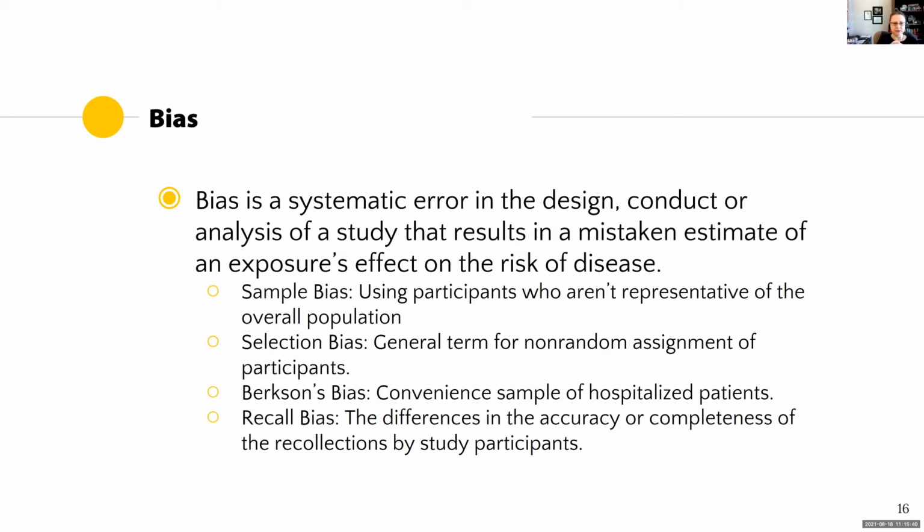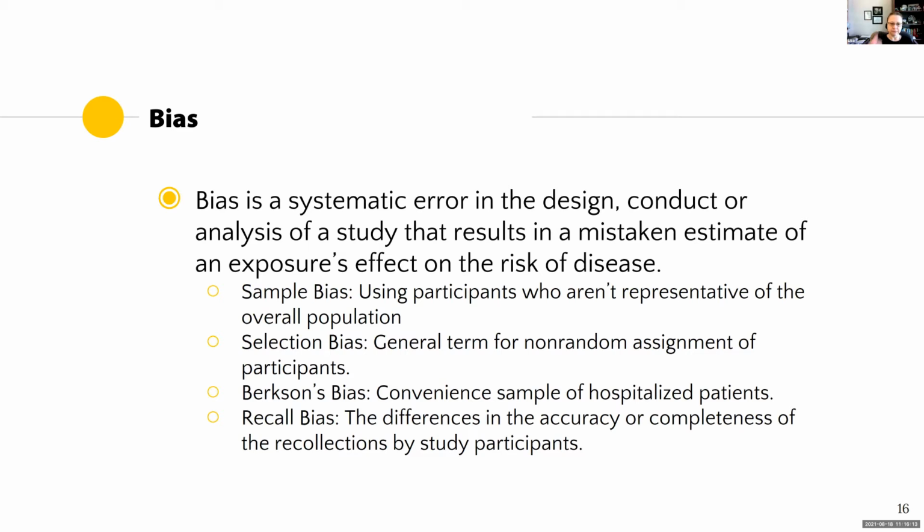Selection bias is where you have a non-random assignment of participants. You want to see a random assignment of participants to avoid all kinds of bias. And then one of my favorite biases to talk about is Berkson bias, because it's a convenience sample. The example I have for Berkson's is hospital patients, because a sample of hospital patients is not necessarily generalizable to the whole population.